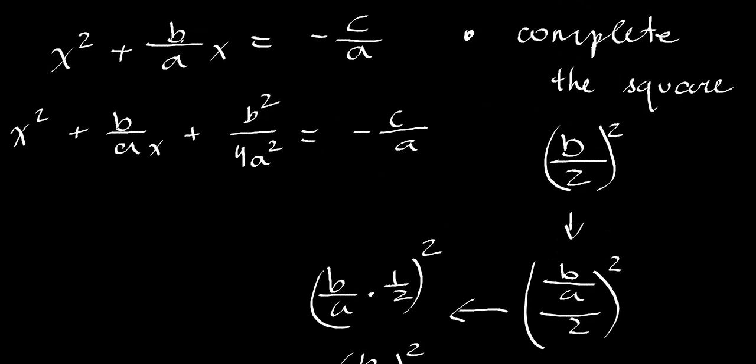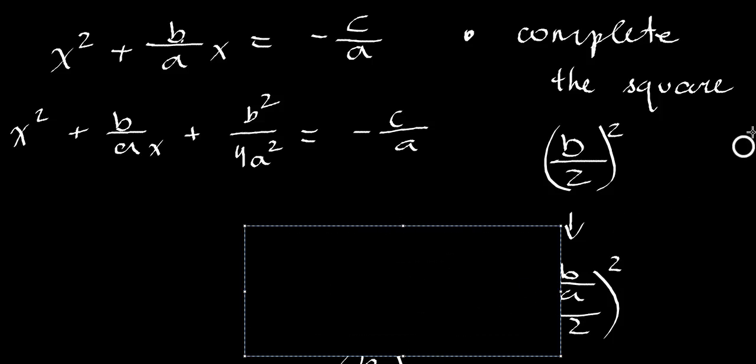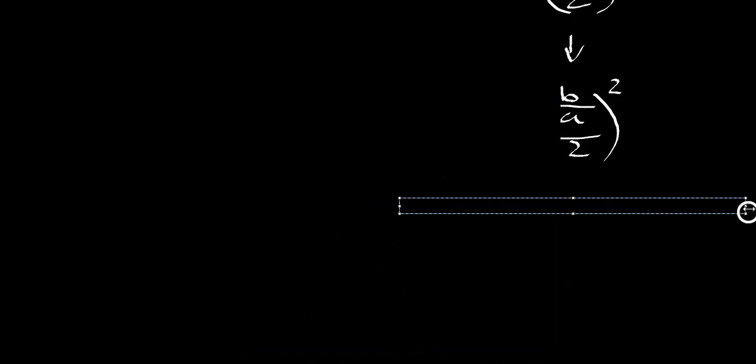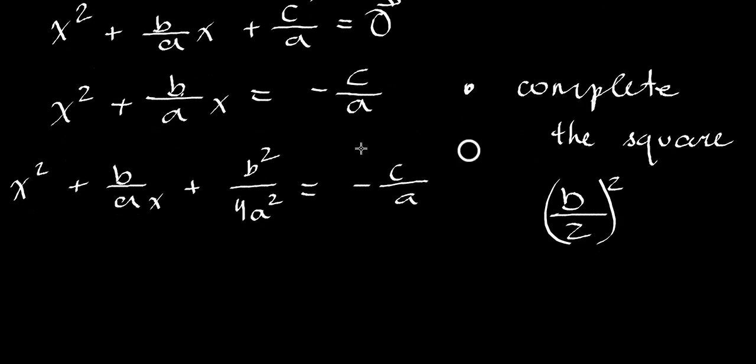I'm just going to erase this quickly, I'm sorry. If we are adding this value that we found, the completing the square goal, we added it to this side, so we have to do the same to the other.